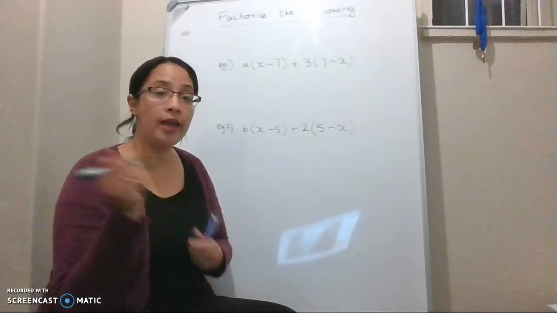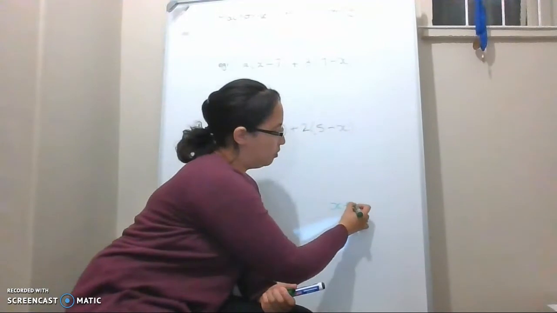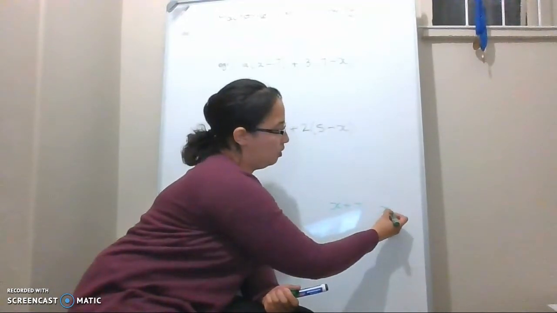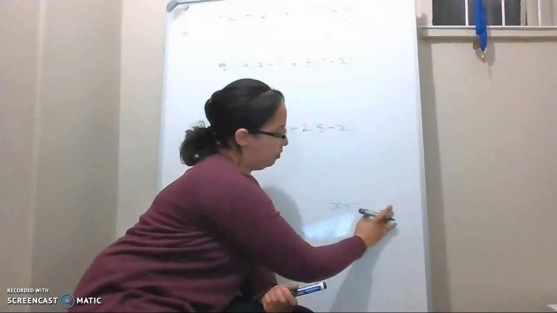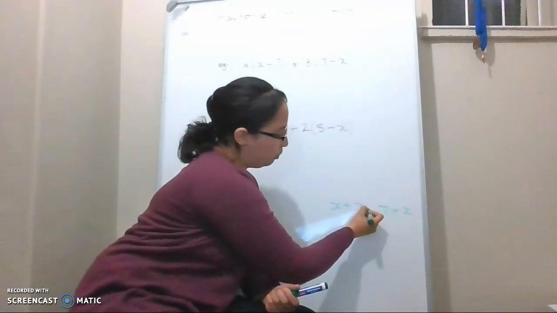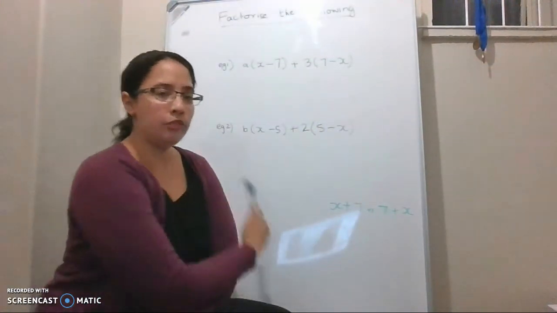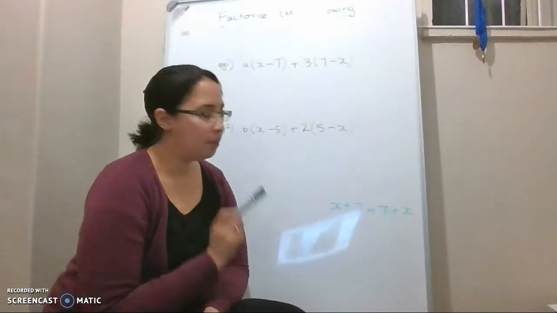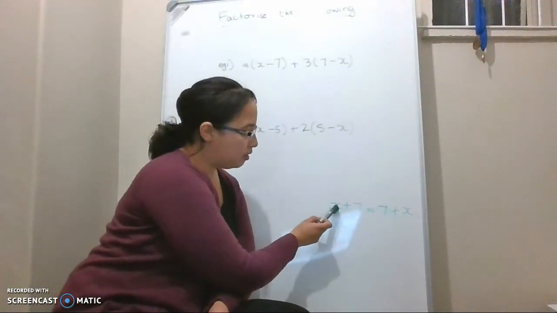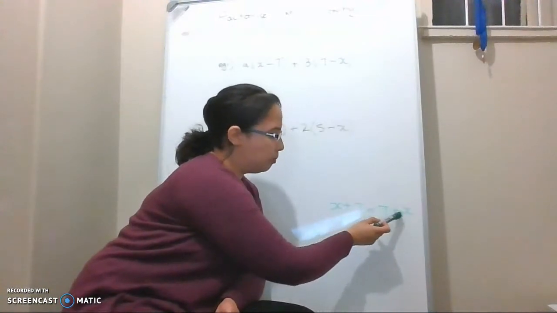For instance, if we have positive terms, let's say x plus 7 and 7 plus x, all that we've changed is the position. This is positive x plus 7 and this is positive 7 plus x.